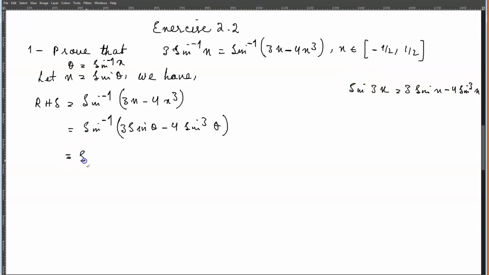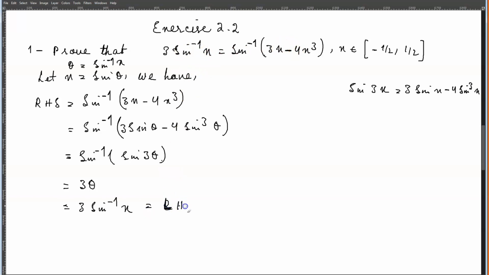So this is equal to sine inverse of sine 3 theta, and that is equal to 3 theta, which is equal to 3 times sine inverse of x, 3 times sine inverse of x, and that is your LHS.